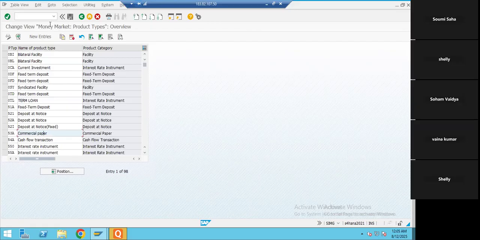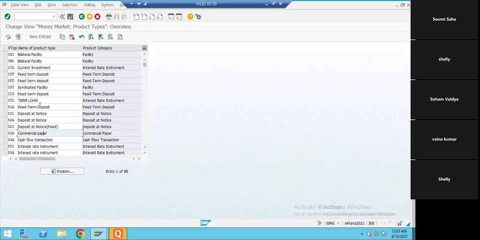Standard SAP provides us with some standard product types. We can mostly leverage them unless there is a client requirement to customize the naming convention, in which case you can create a new one.